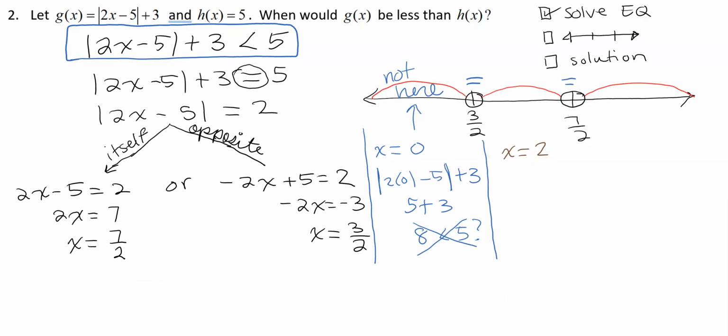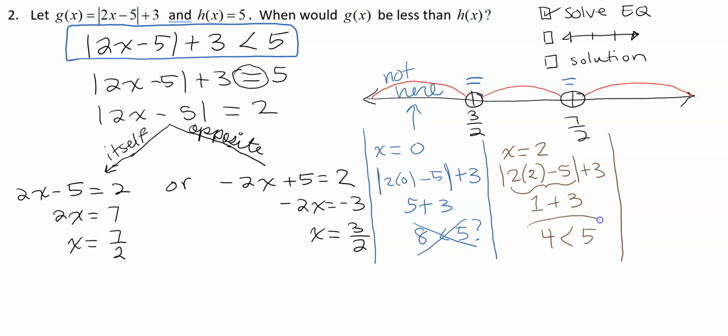Then you will have the absolute value of 2 times 2 minus 5, plus 3. And the question again is, is it less than 5? Well, 2 times 2 is 4. 4 minus 5 is negative 1. The absolute value of negative 1 is 1. And 1 plus 3 is 4. 4 is less than 5. And so right here in between is a good answer.